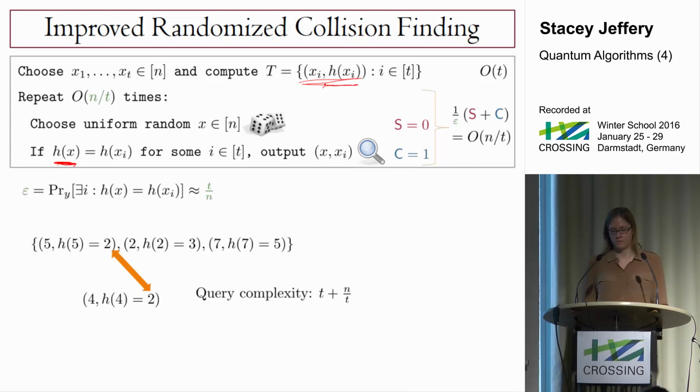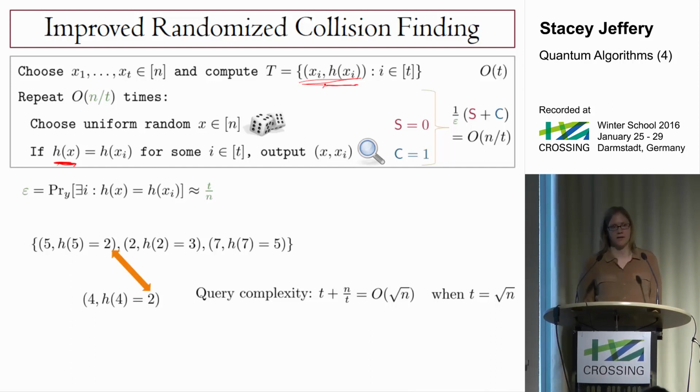So the total query complexity is big O of t plus n over t. This is just a classical algorithm, and it is optimized by setting t to be the square root of n, which gives us an algorithm with query complexity square root of n.